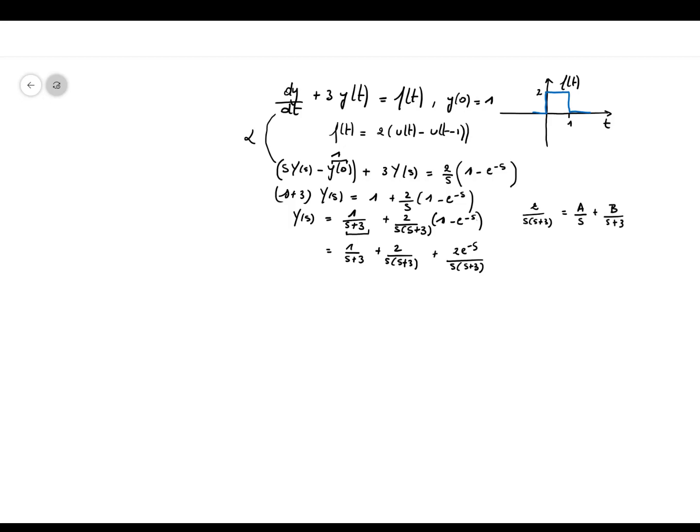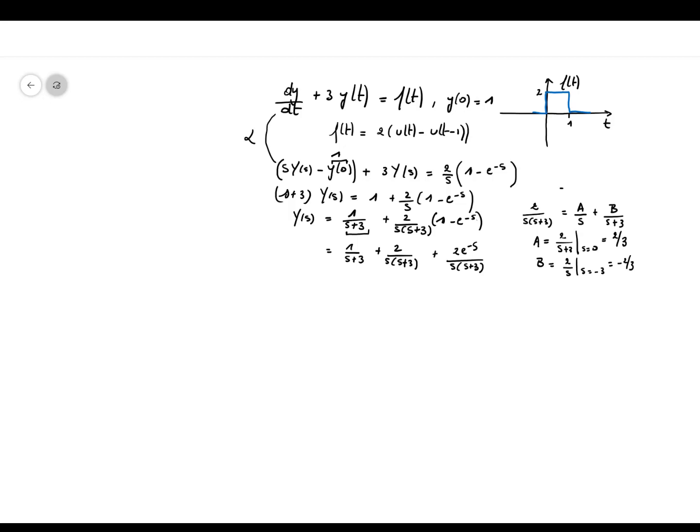A is, well, we multiply by s, so we have 2 over s plus 3 evaluated in s equal to 0, so that's 2/3, and b will be 2 over s evaluated in s equal to minus 3, so this is equal to minus 2/3.